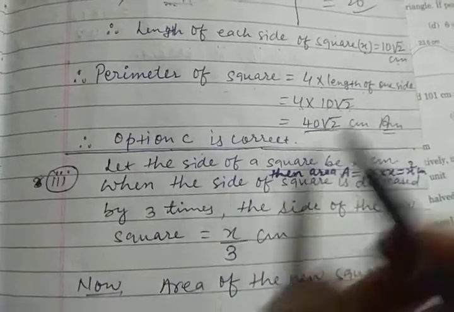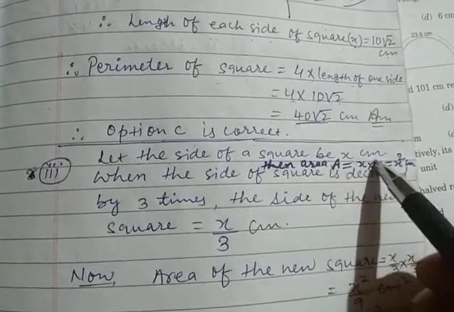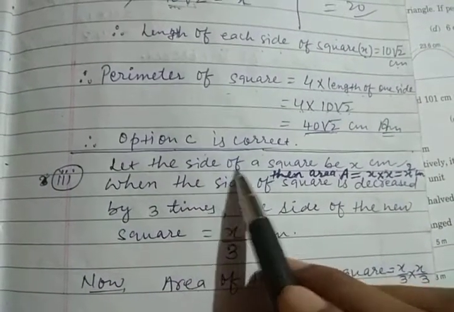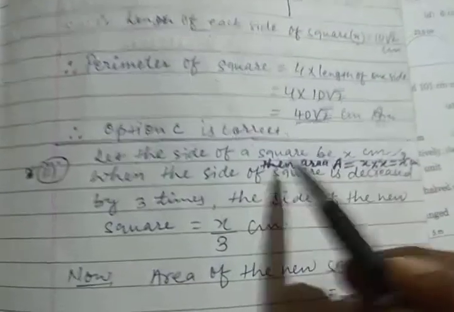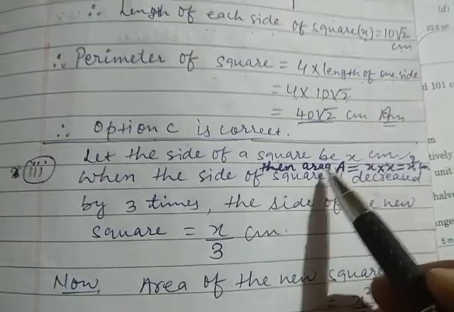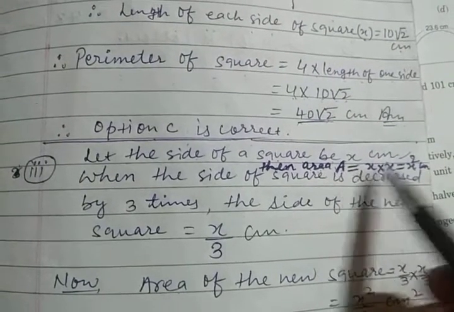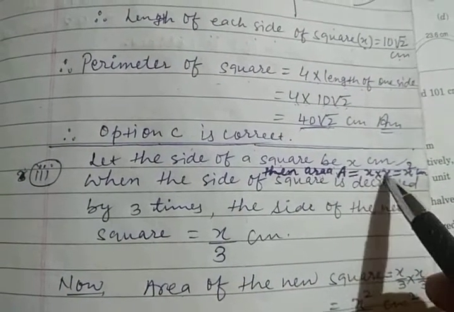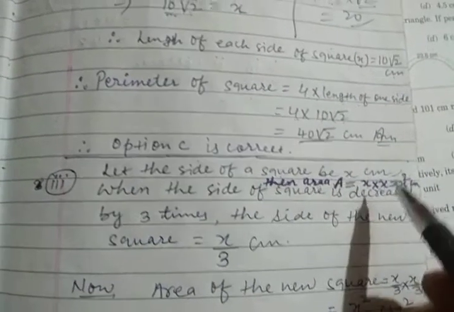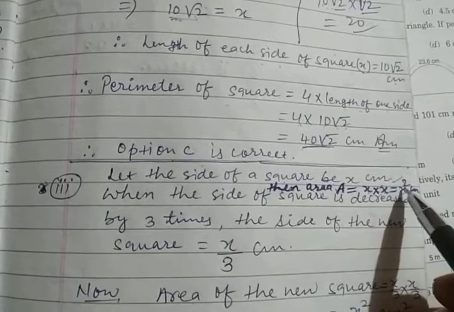Let the side of a square be x centimeters. Then the area A of the square is side into side, which means x into x. We get x square.